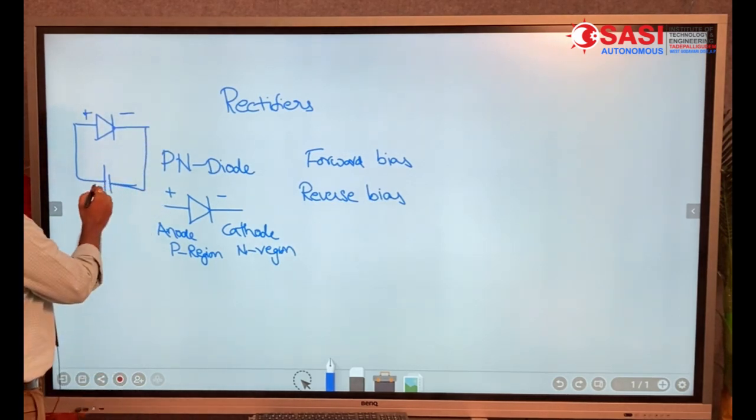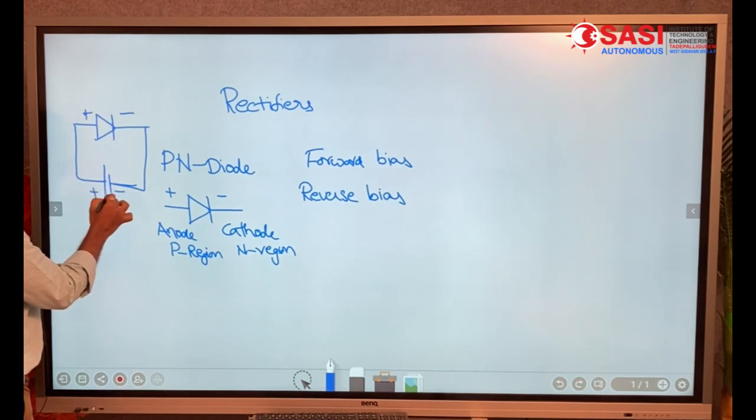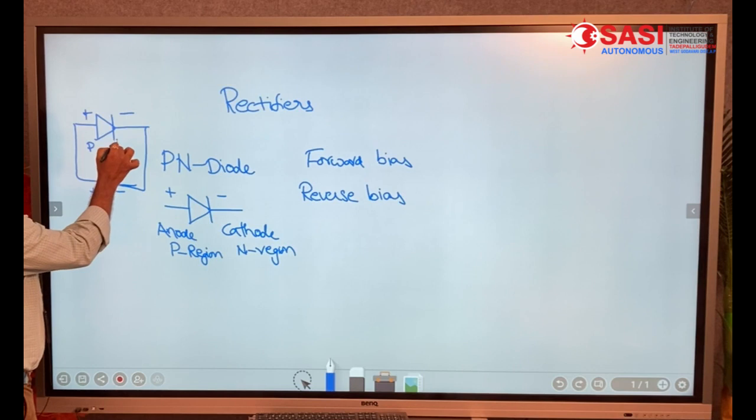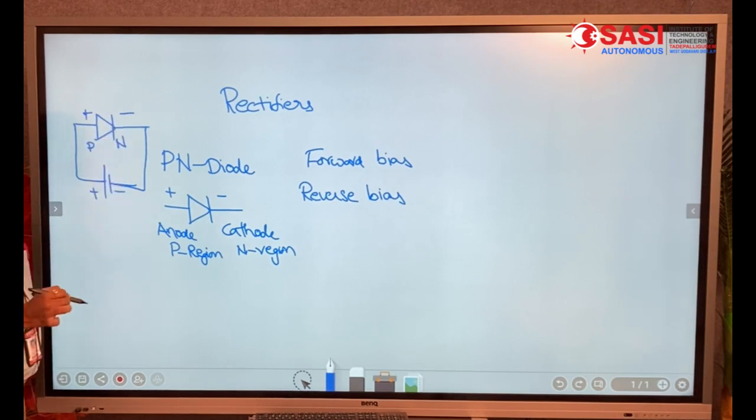Forward bias means if the positive terminal of the battery is connected to the P region and the negative terminal of the battery is connected to the N region of the PN diode, then we can say the PN diode is connected in the forward bias connection.